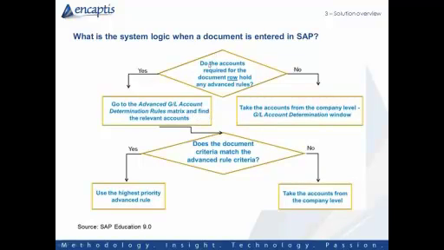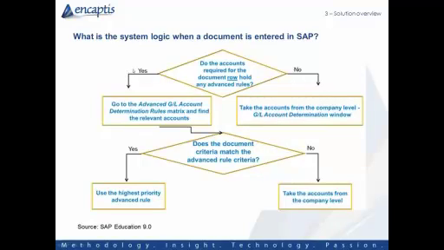So first, the system looks into all the rows of any document. It could be an AP invoice, an AR invoice, a goods receipt PO, and the system checks if there's any advanced rule. If there's no advanced rule, then it's quite simple. We'll take the default GL account that's set in the GL account determination window.